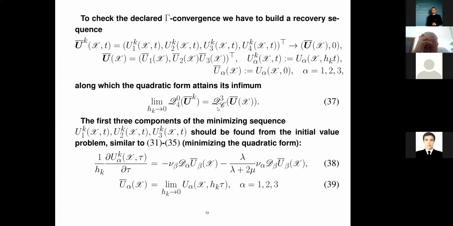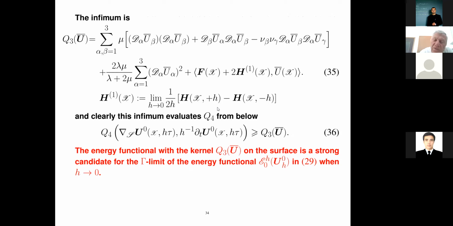So it is proved that the sequence which we found is a recovery sequence. And now what we get, here, Q3, is the limit energy functional, which we get sending H to 0.